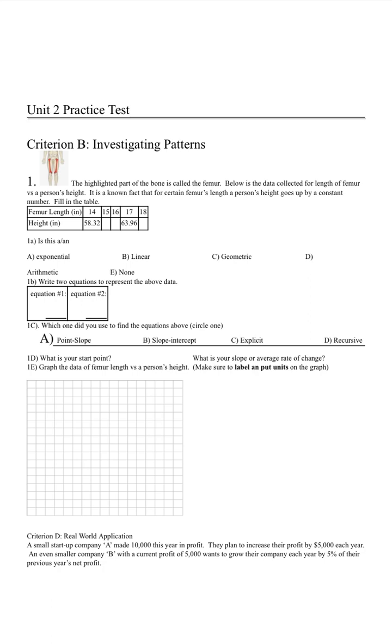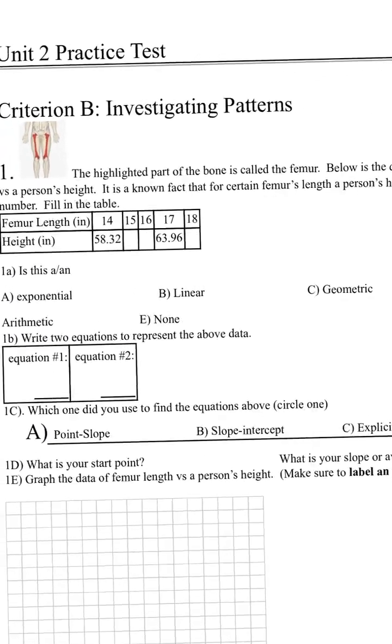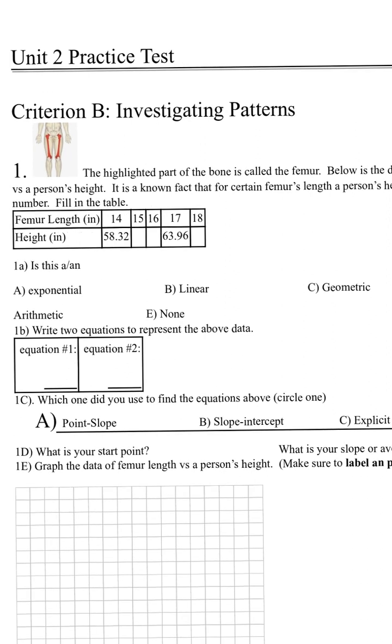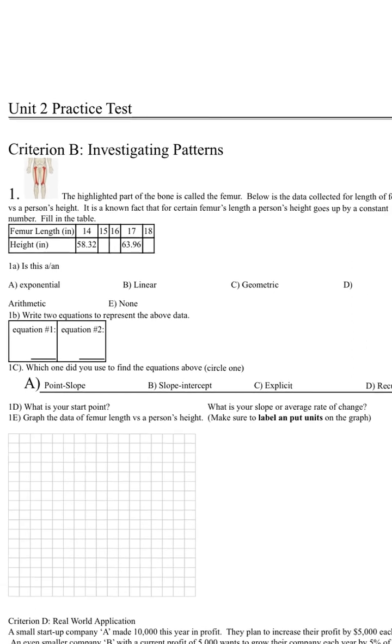So for this first question, it's criterion B, investigating patterns. What you want to do is check to see if it's linear or exponential. In this case, there are certain words in the question that tell you it is linear.